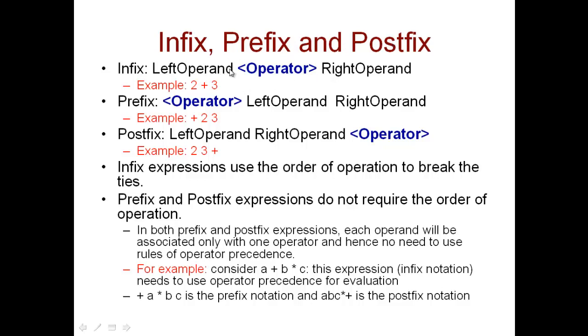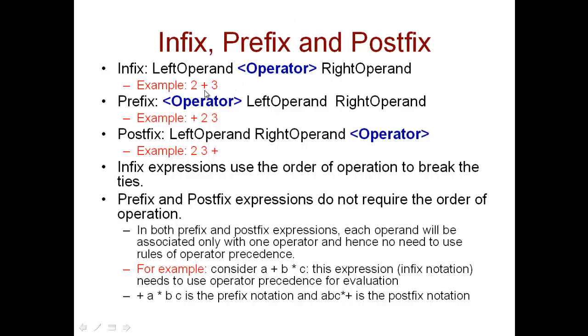So what is the difference between these 3 formats? Now in the infix format, the operator comes in between, and you may have heard of this term called binary operators. So all these 4 operators, addition, multiplication, division, subtraction, are binary. It means they take 2 arguments.